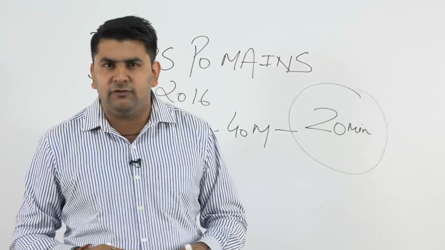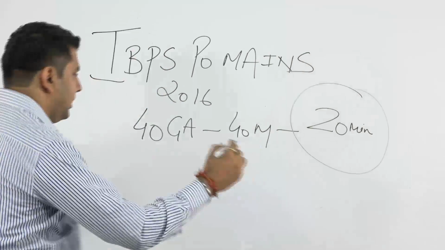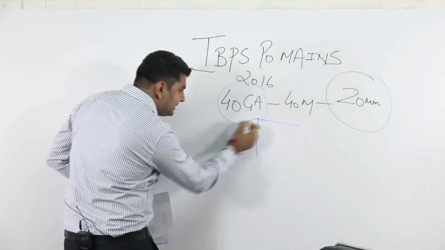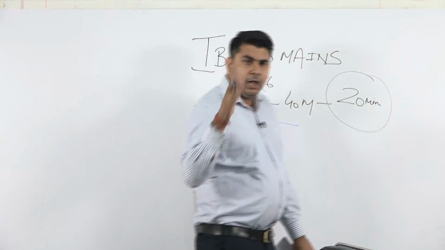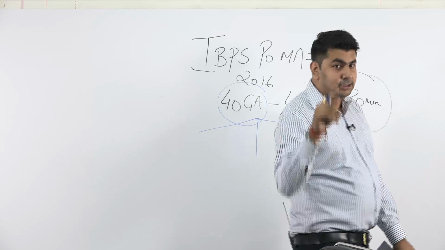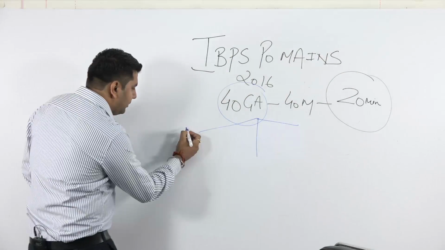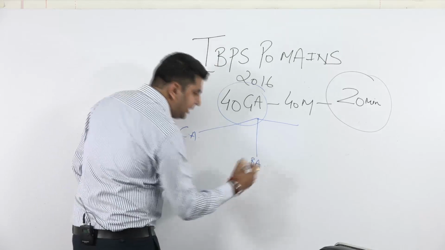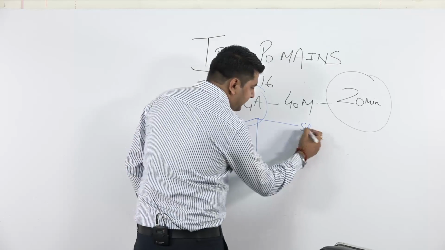Now let's talk about the 40 questions. This GA part is mainly divided into 3 different sections. We have CA, then we have BA, and then we have SA.